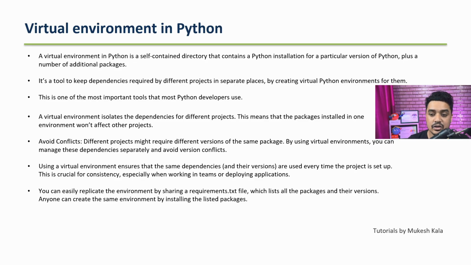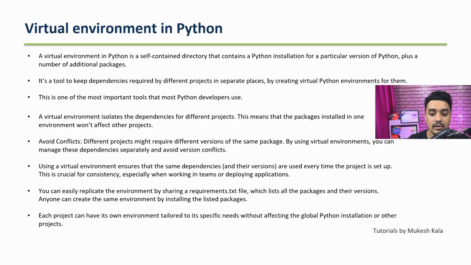The second thing is you can easily replicate this environment by sharing the requirements.txt file. For example, if I am the senior developer with a group of team members working on the same project and I want to share the same environment with them, rather than them going to their VS Code and setting up the environment again, I can just share my requirements.txt file and they can get the same environment, same versions, same packages, everything.